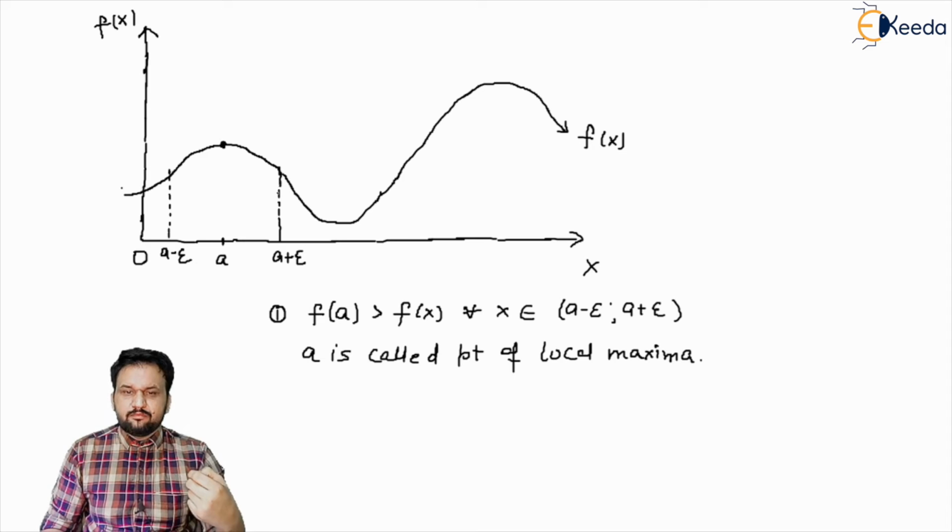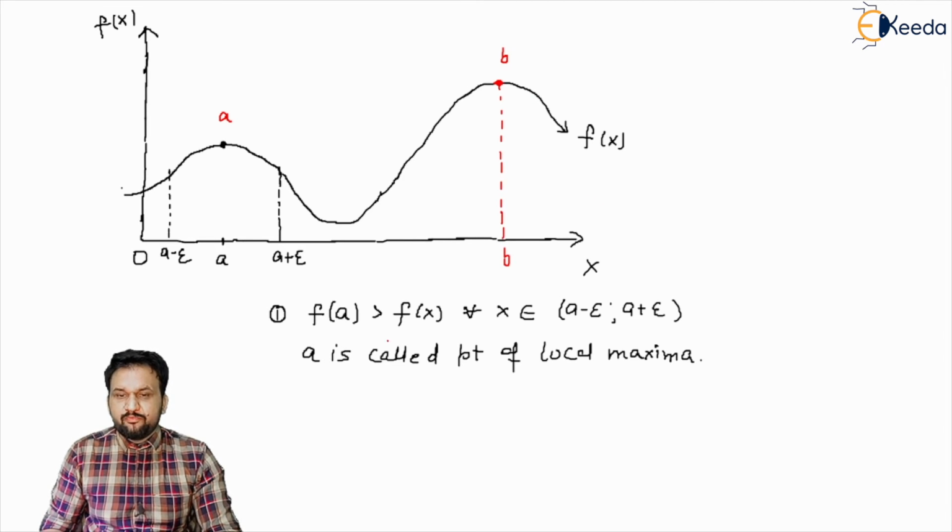Sometimes you get the word absolute also. If you are here in this function and this point is named b, this point was a, see, at point b the function is approaching the highest value. At point b it is giving you the highest value, which means f of b is always greater than f of x for all x.